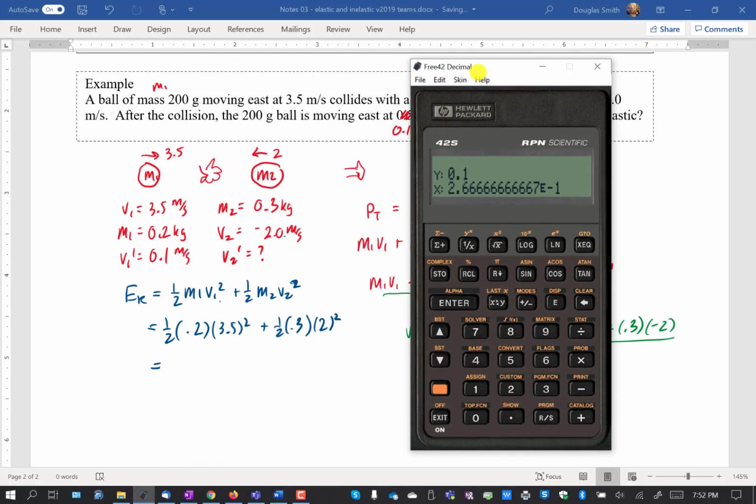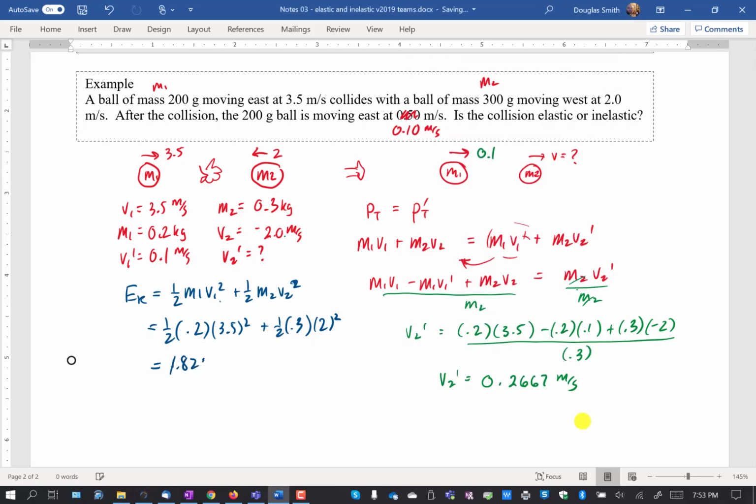Okay, let's punch these numbers in here. 0.1 times 3.5 squared times 0.3 divided by 2, 4. Add those. I got 1.825 joules. And then afterwards, it's 1/2 M1 V1 prime squared plus 1/2 M2 V2 prime squared.